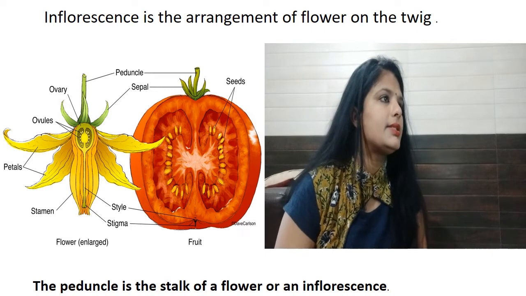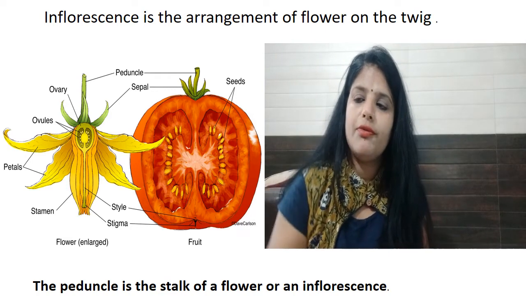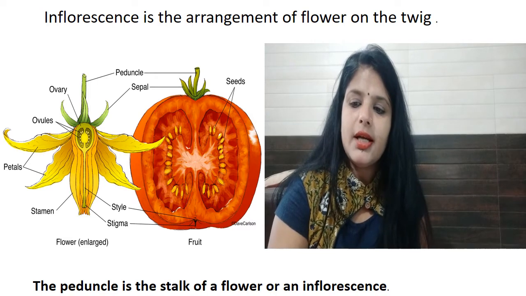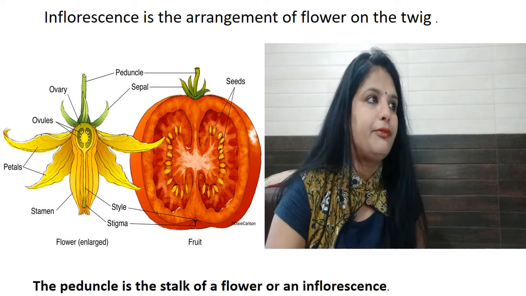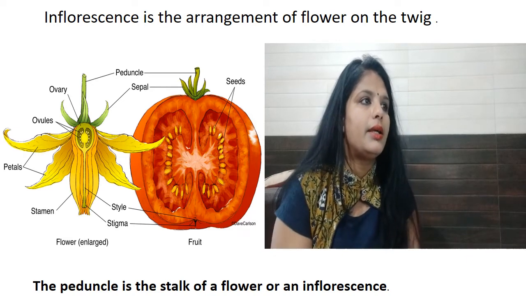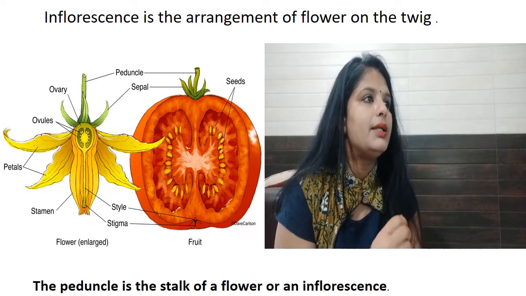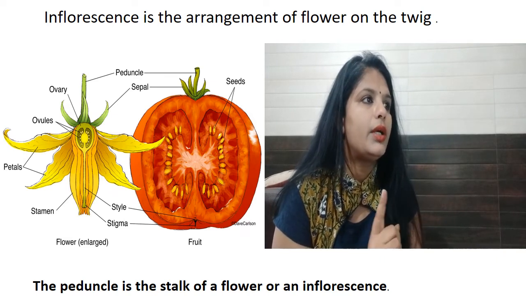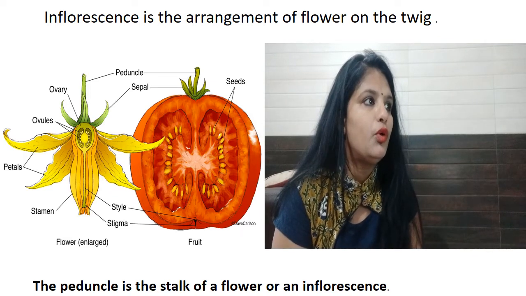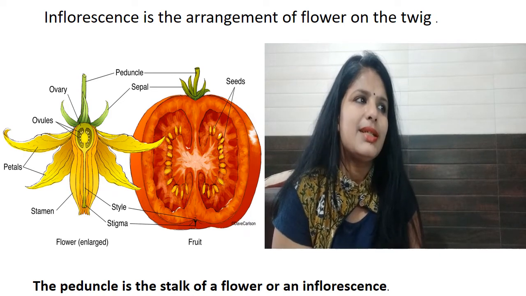In this slide, you can see that there is a peduncle. Peduncle is the main stalk of the flower, a stalk bearing a flower or fruit, or the main stalk of the inflorescence. You can look in the diagram how the flower has converted into fruit. Peduncle is still attached with the tomato, and ovary has converted into fruit. Ovules have converted into seed, and a little part of style may be present, but generally it withers off.